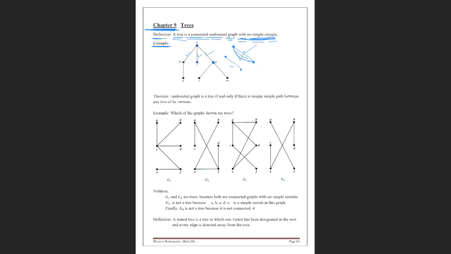If you take this J and this M, here only one path. If you take this one and this one, here only this one path, right? If you take this H and K, here only one path. Okay, so this is connected and has no simple circuit.